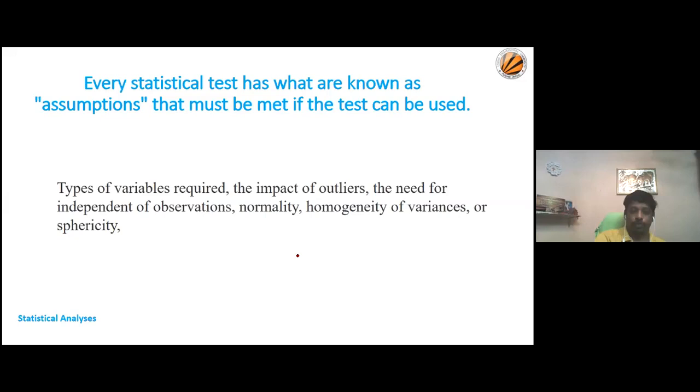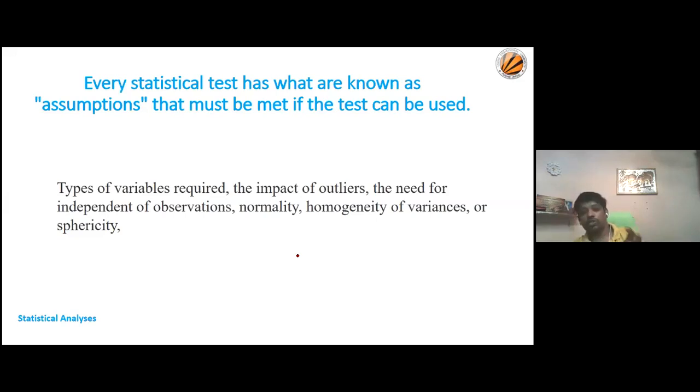As I said, every statistical test has what we know as assumptions. These include the types of variable that you're going to use, the impact of outliers on your data, and also the need for independence of observations, normality, homogeneity of variance, and sphericity.